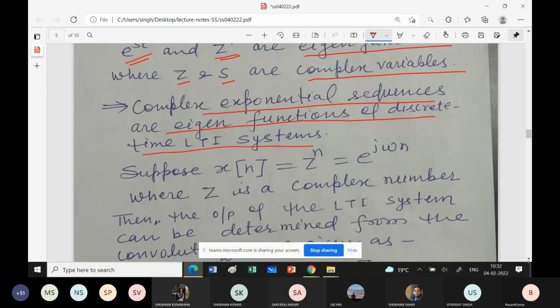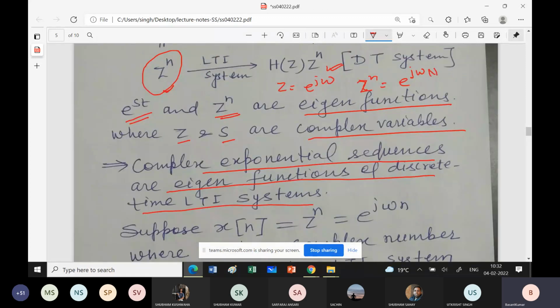ठीक है. ये कहना चाह रहा है कि भाई ये जो है ना, डिस्क्रीट अगर एलटीआई सिस्टम है तो ये जो एक्सप्रेशन है, ये एक्सप्रेशन कॉम्प्लेक्स exponential sequence, because it is not a signal, it is a sequence. So this sequence is an eigenfunction, ठीक है, for a discrete LTI system.